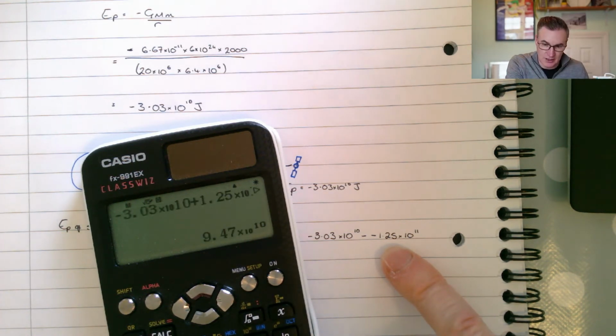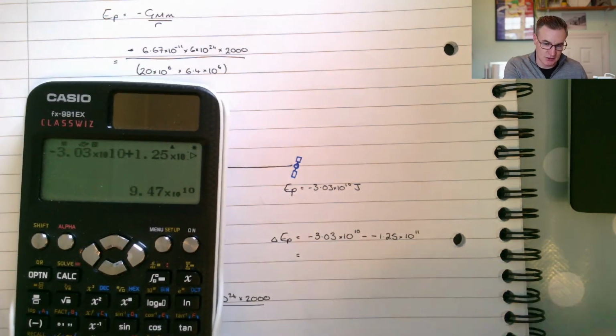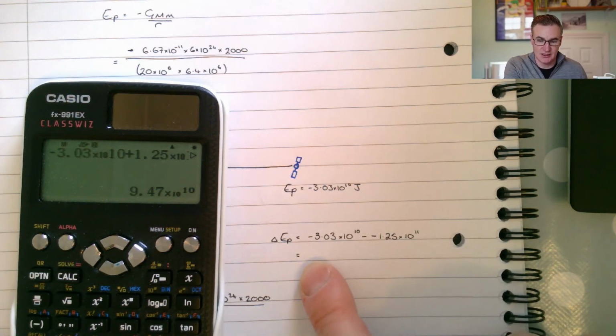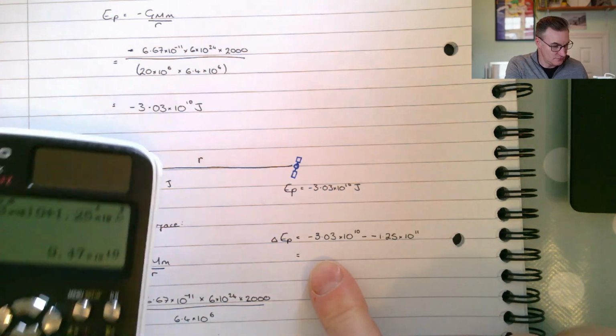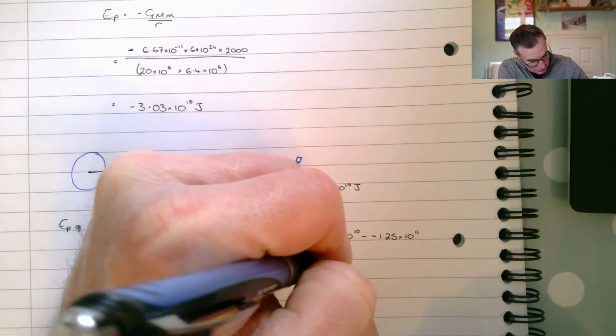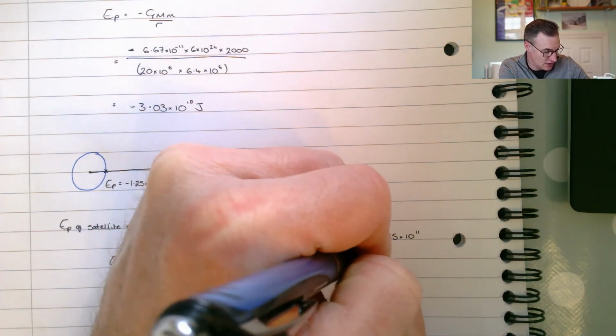And we get, wait a minute, that's positive. So suddenly now, if we're looking at changing potential energy, then all changes are positive. So 9.47 times 10 to the 10 joules.